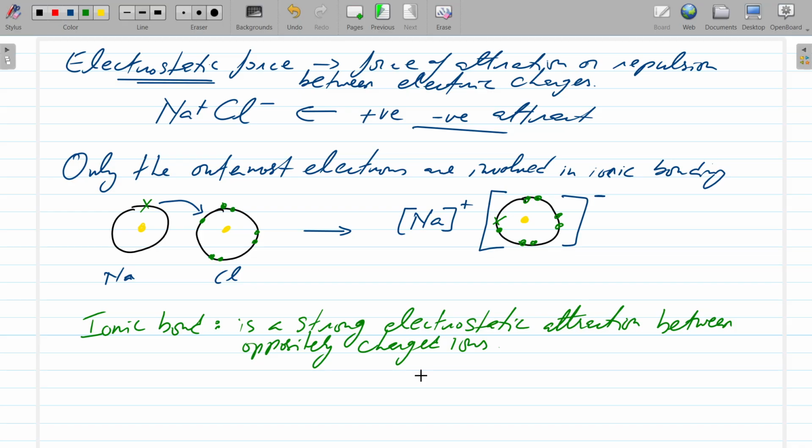Now the book also mentions in this part oxidation, reduction, and redox. But I believe that is something we've already done in our earlier classes. So just as a review, because it's given in the chapter, tell me what oxidation means.